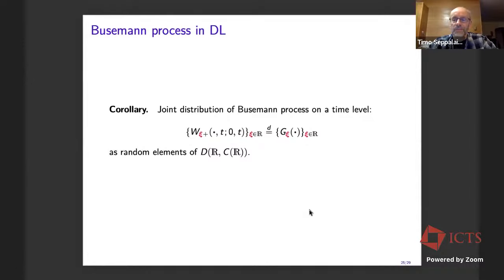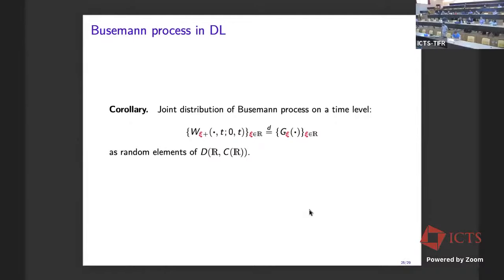Are there any questions for Timo? So I have a question, Timo, and this goes back to the competition interface you showed us for the corner growth model.